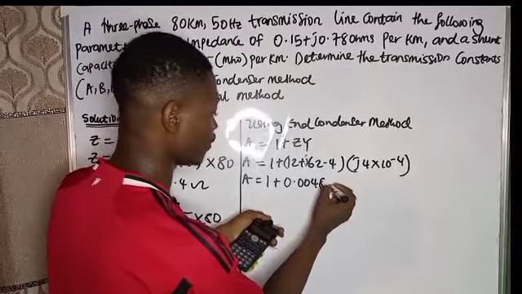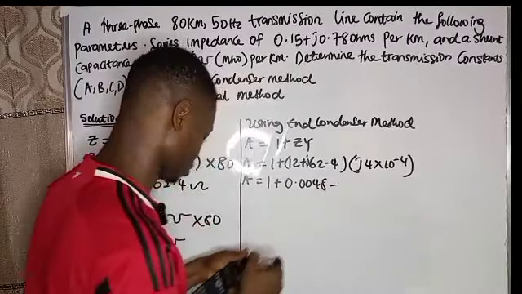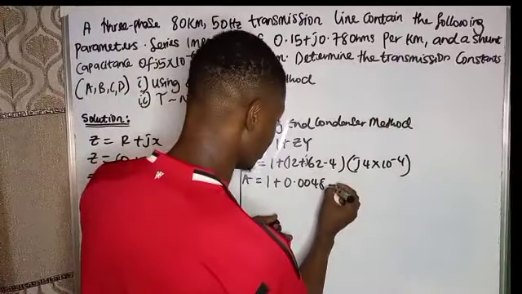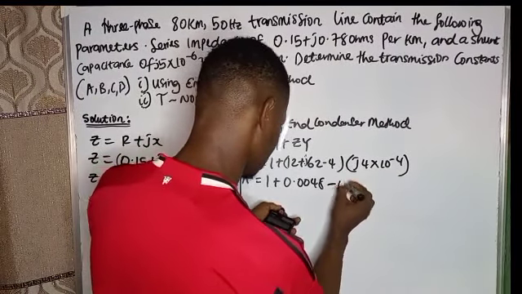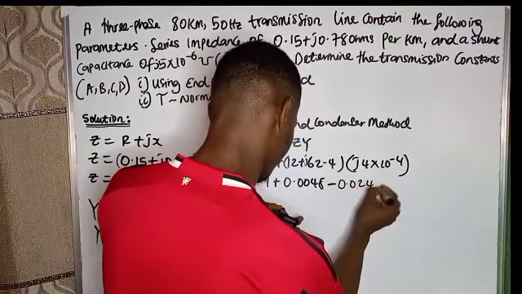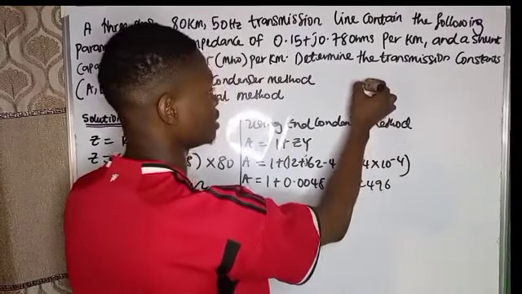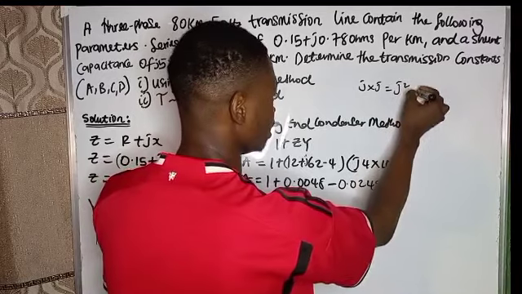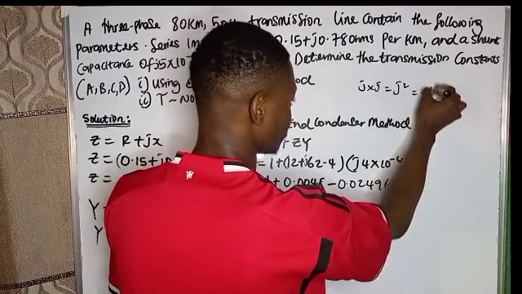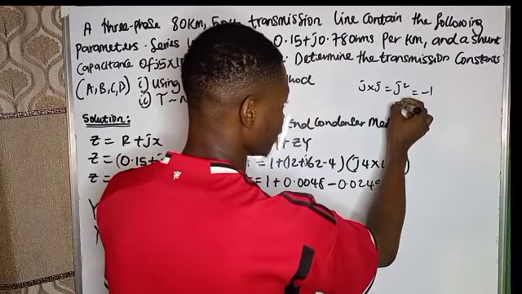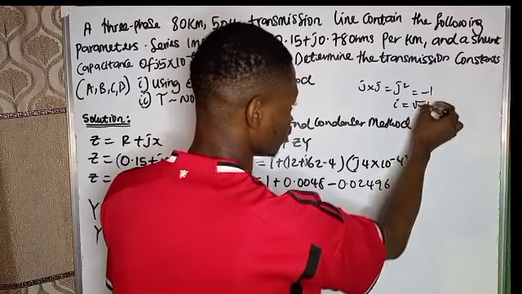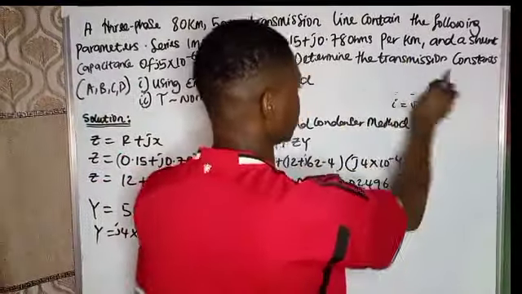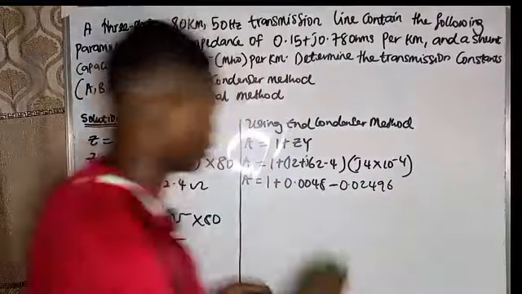So we are going to have minus 0.02496. That's J times J is equals to J squared. And J squared is equals to minus 1. Remember, J is equals to square root of minus 1. So that's how we got our minus here.